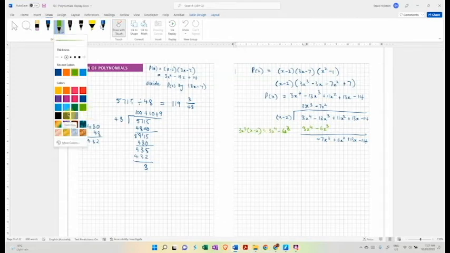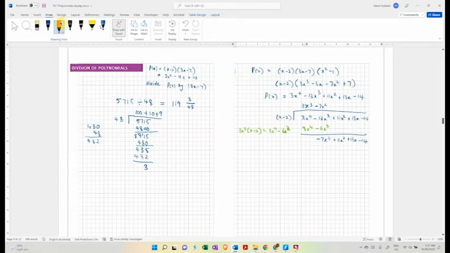Let's pick amber here, and we go minus 7x squared times x minus 2, and that gives me minus 7x cubed to eliminate that leading term, and then plus 14x squared.